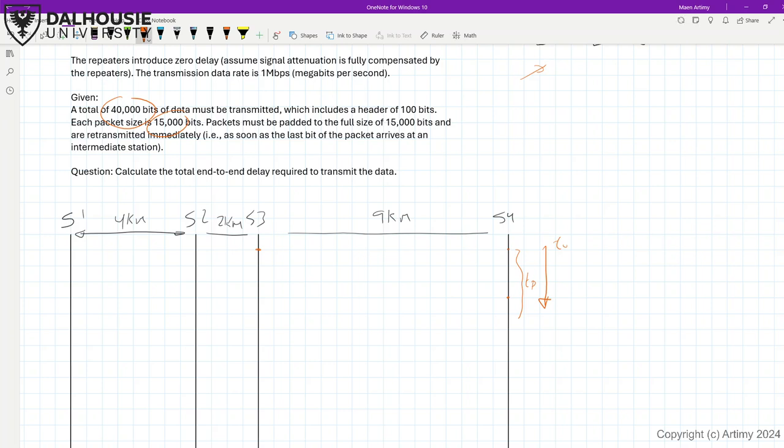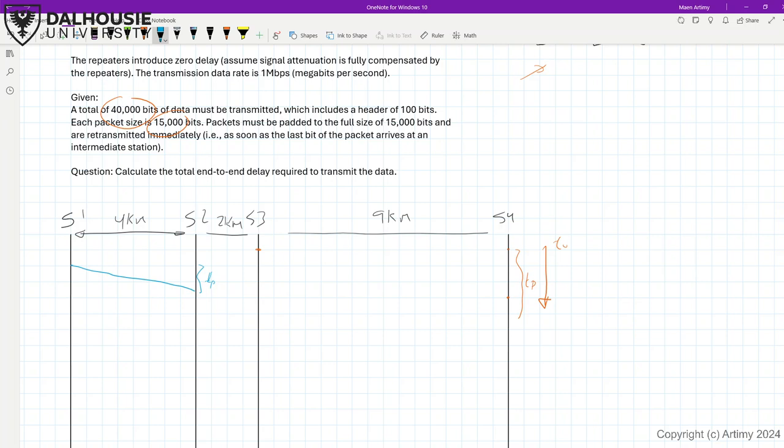So if I want to start from station 1 and send the packets, let's use blue here. So I want to send a packet. The packet will start, the first bit will start from here and travel. There is a propagation time, this is TP, right? And this is the first bit. The blue line represents the first bit, but we don't only have one bit.